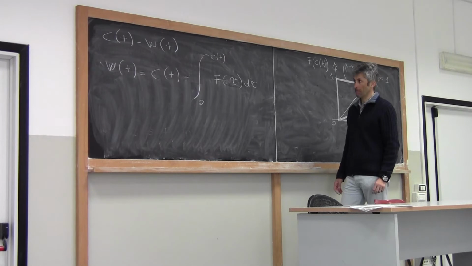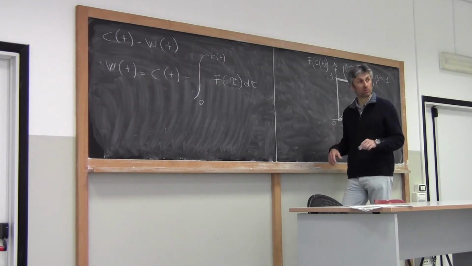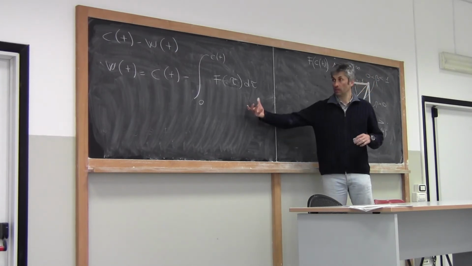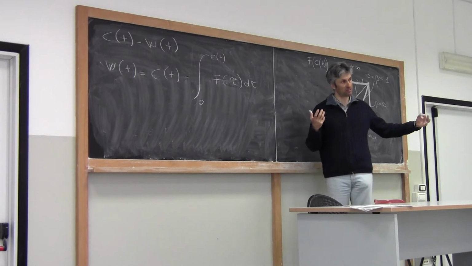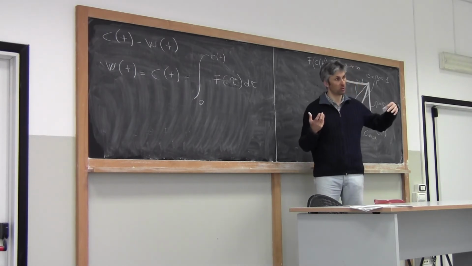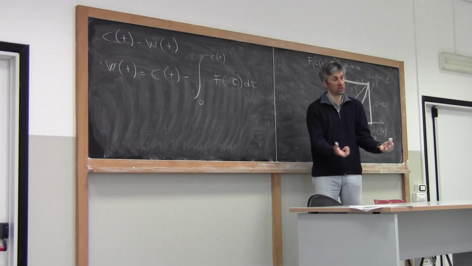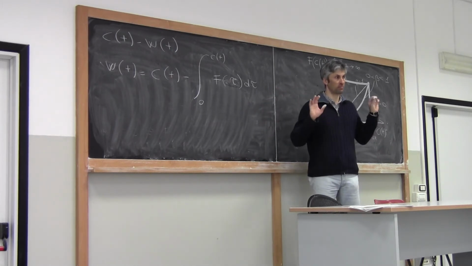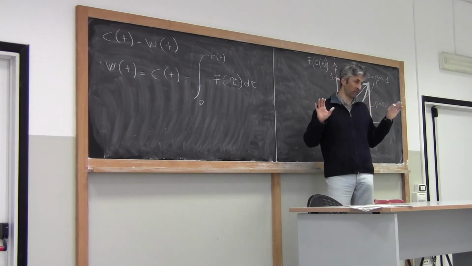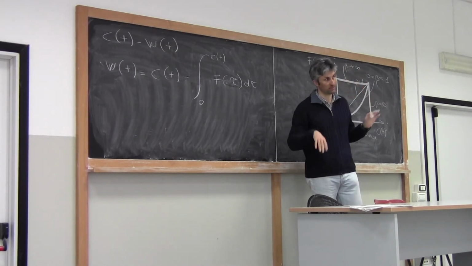Now, why this? Why is the water that was rejected by the catchment, so the water that I observed as river discharge, given by this integral? This is a critical point for the understanding of this model. I would say the last one.